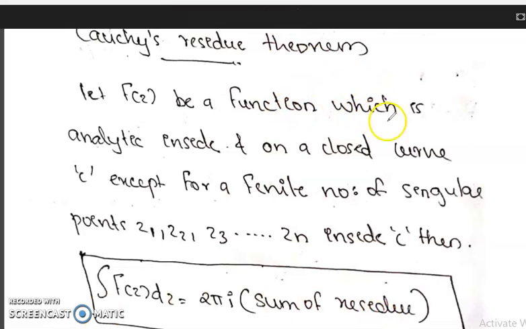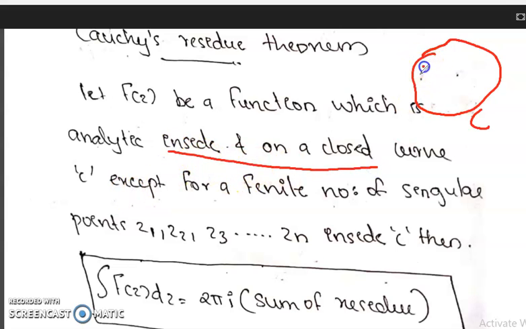You see, f(z) is a function which is analytic. Suppose you have a closed curve C, and the function is analytic inside and on the closed curve C, except for a finite number of singular points.